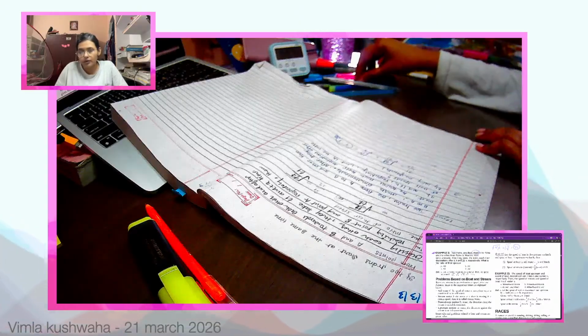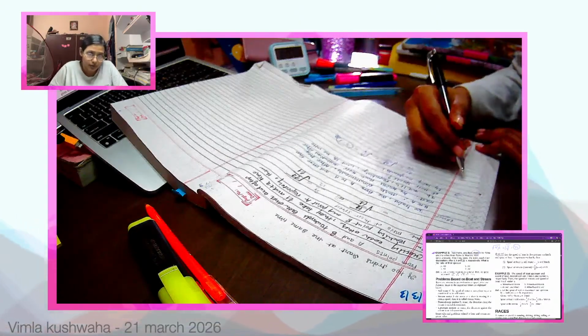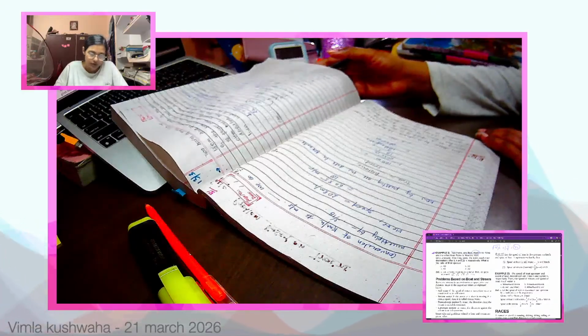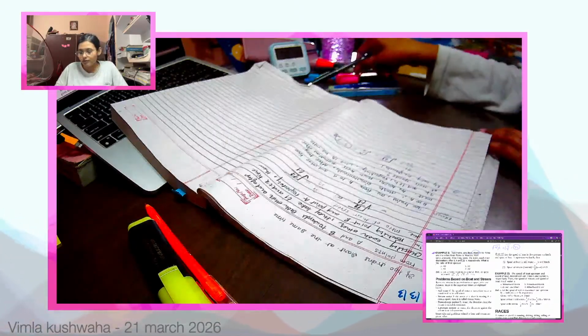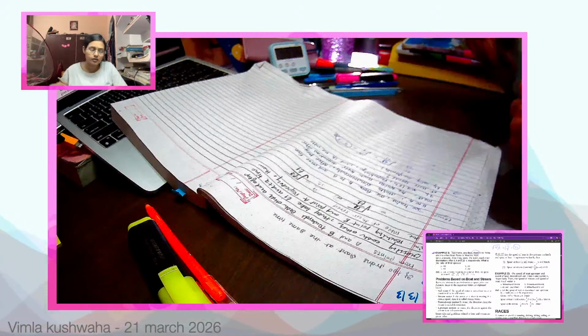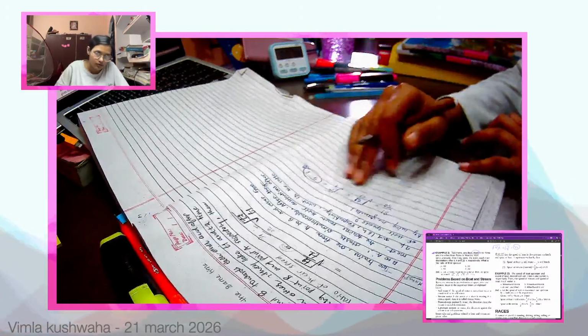Now we will go with the problem based on boat and stream. So we'll go with rule number 11.